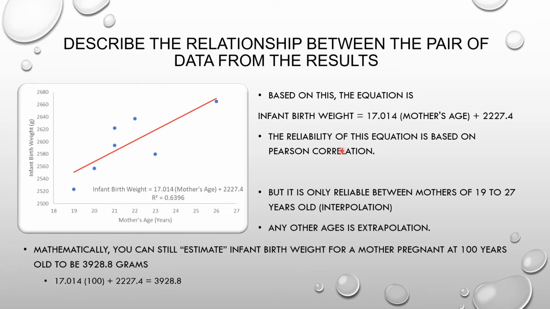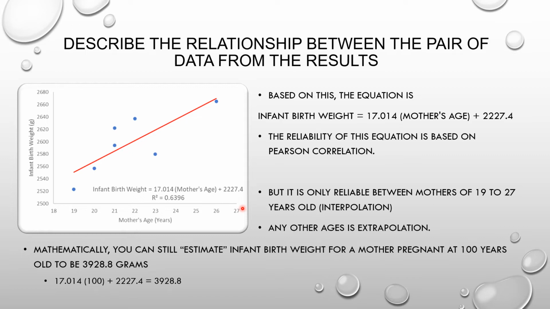Just remember, Pearson's correlation goes from -1 to +1, while the coefficient of determination, R squared, only goes from 0 to 1, because -1 times -1 is 1. So the reliability of this equation is based on Pearson's correlation, which is based on your coefficient of determination. Here, it is 64% reliable.